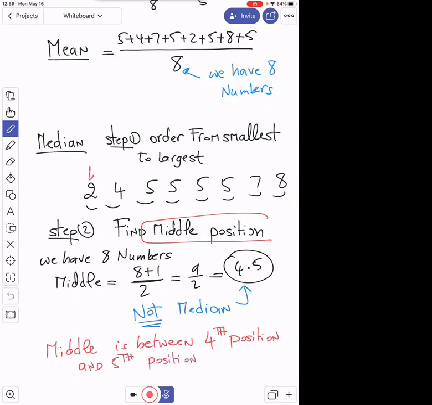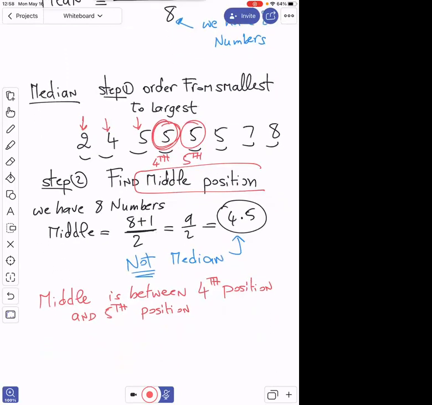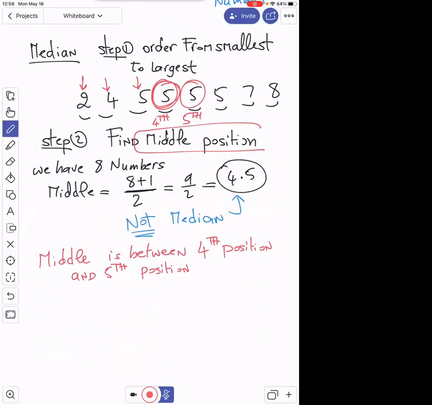So this is my first position, 2nd, 3rd. This 5 here is at the 4th position, and this 5 is at the 5th position. So I have 2 numbers, and your median is the average of the 2 numbers. This is step 3.